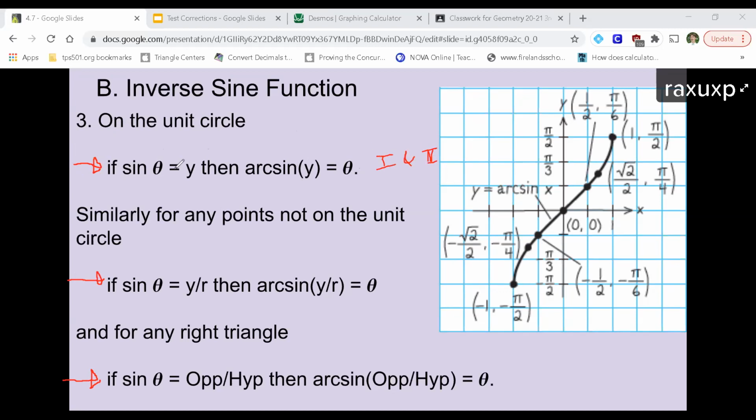So using this definition is the easiest way to graph arc sine, because all you do then is take all the different y values on the unit circle and you find what angles go with them, and then you plot those as points. Again, the y values being your domain and the angles being your range.